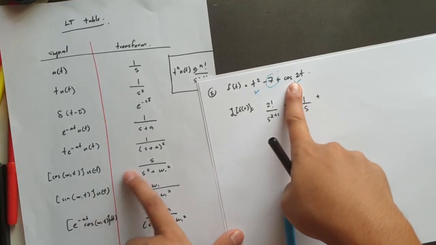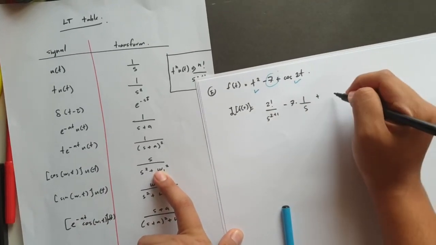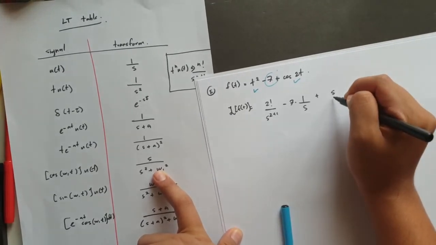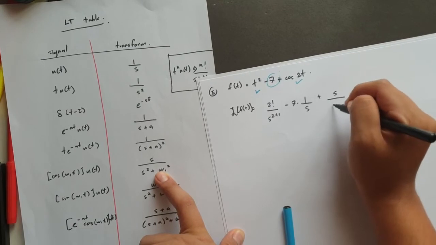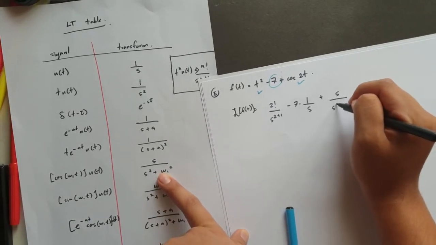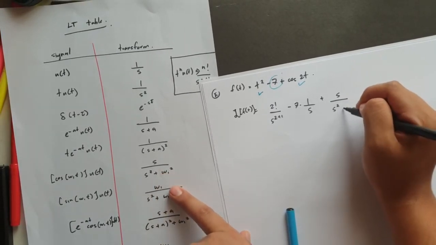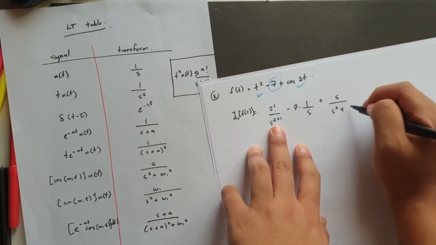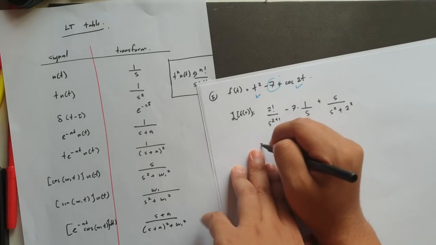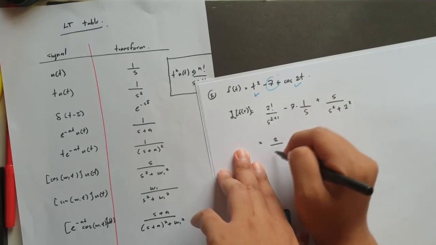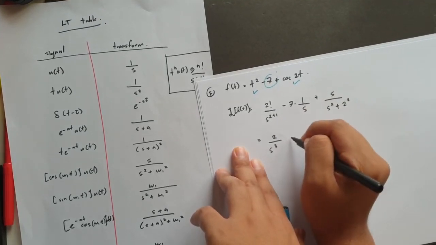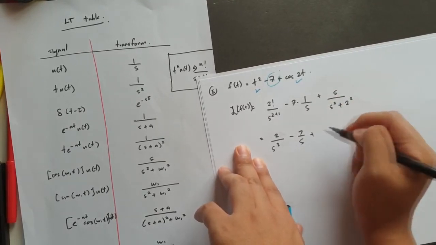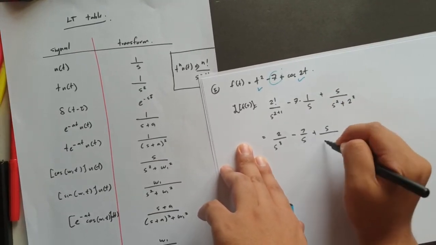For the cos, it is s over s² plus 2². So the answer is 2s² plus 1 minus 7 over s, plus s over s² plus 4.